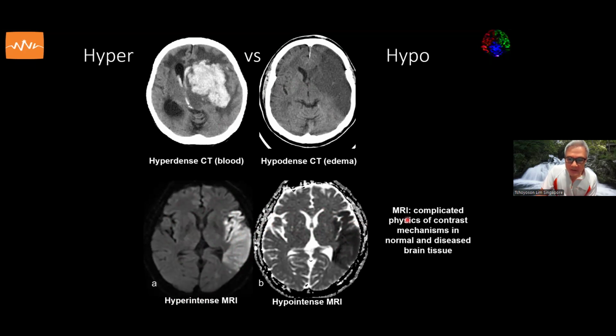So the MRI gives complex physics and allows us to have contrast mechanisms between brain tissue that is normal and abnormal, as well as between different structures that are in the normal anatomy, thereby allowing us to visualize, say, the ventricular structures and, to a certain extent, the difference between gray matter and white matter.